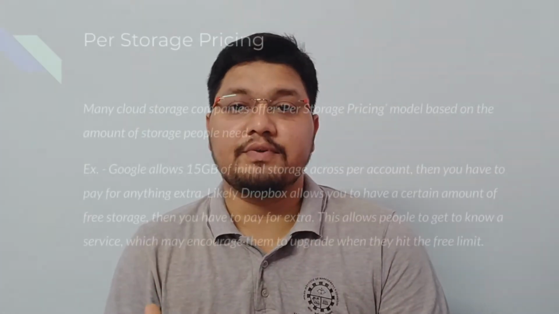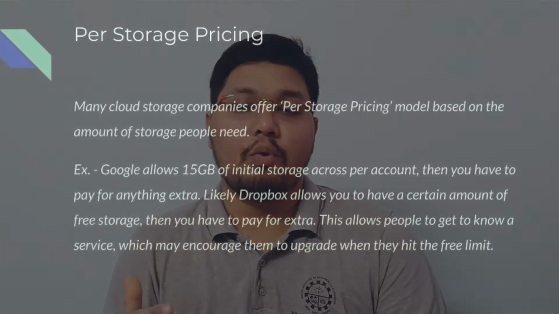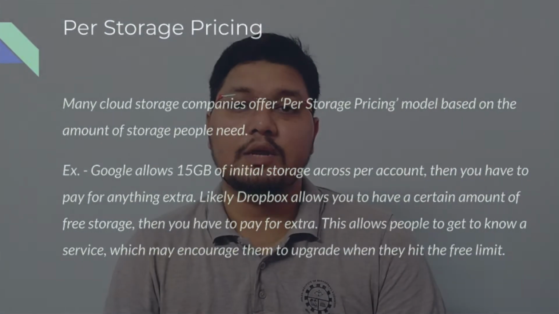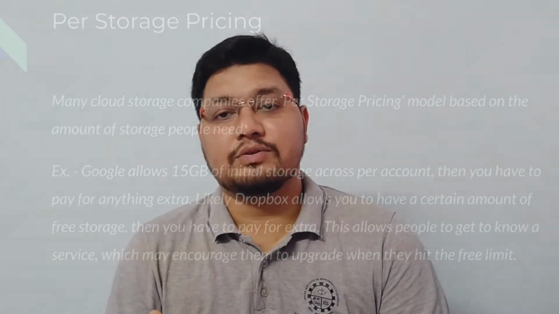Per storage pricing. Many cloud storage companies are offering this pricing model based on the amount of storage people need. If you consider Google, it will allow you up to 15 GB free at the initial stage, and once you cross the limit, you have to pay the extra amount. Likewise, Dropbox also allows you to access a free storage limit, and once you exceed that limit, you have to pay for the extra.